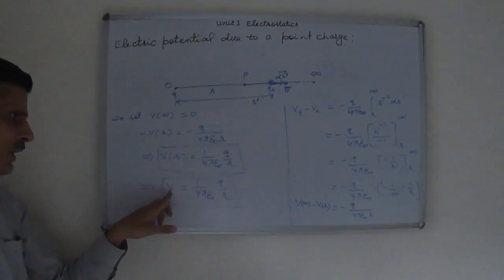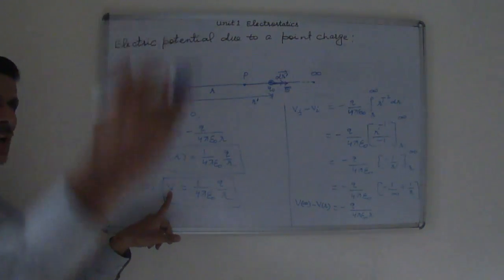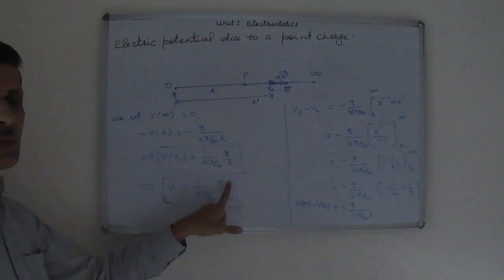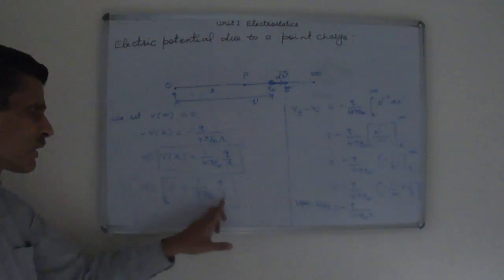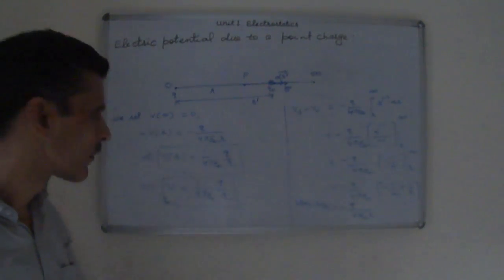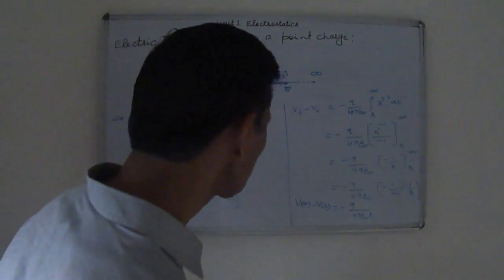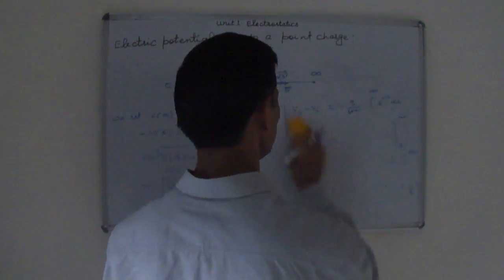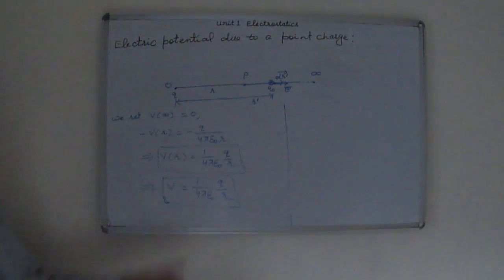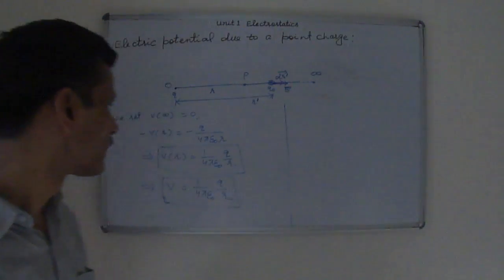So if we set potential 0 at infinity, then potential due to a point charge is inversely proportional to distance.